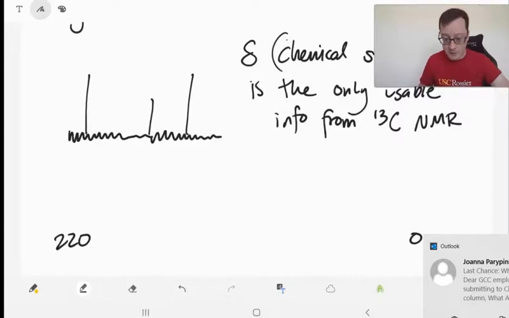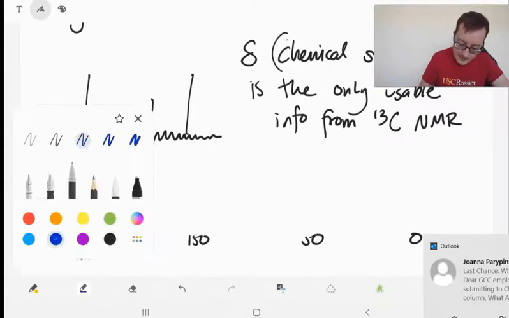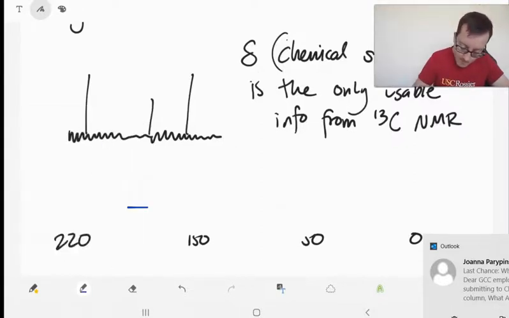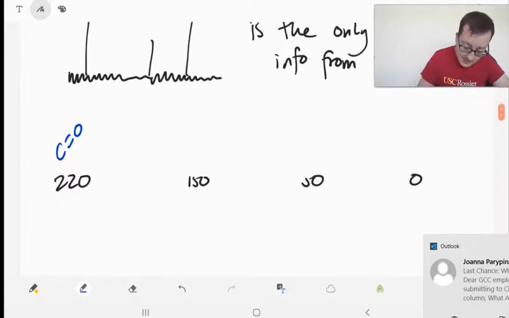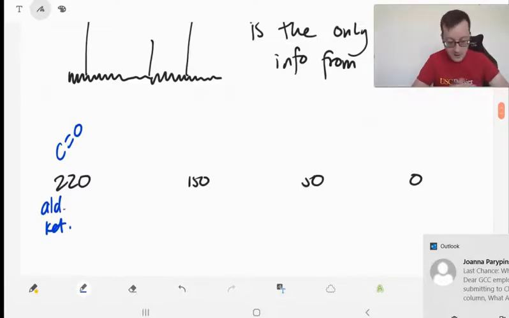So different range, right? And we're going to see that between 150 to 220, I'll even say the carbonyls are going to show up definitely way at this end. So aldehydes and ketones are way up at 220.